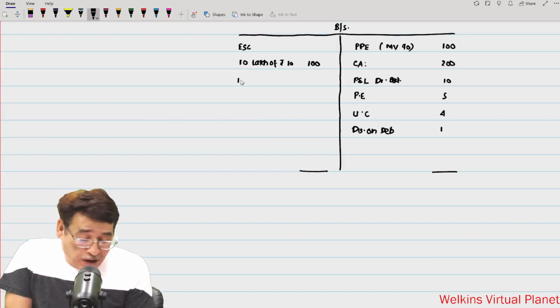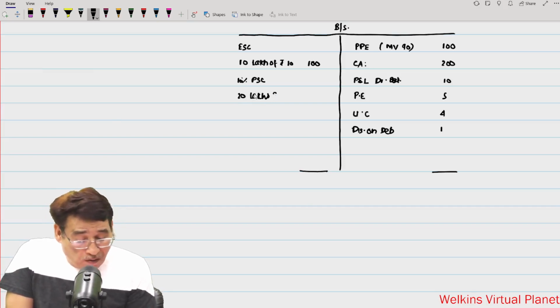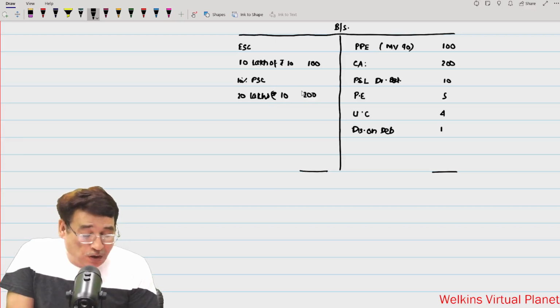Then we have, let us say, 10% preference share capital, and we presume that it is equal to 200 lakhs. And then there are some liabilities, let us say, to the extent of 20 lakhs.